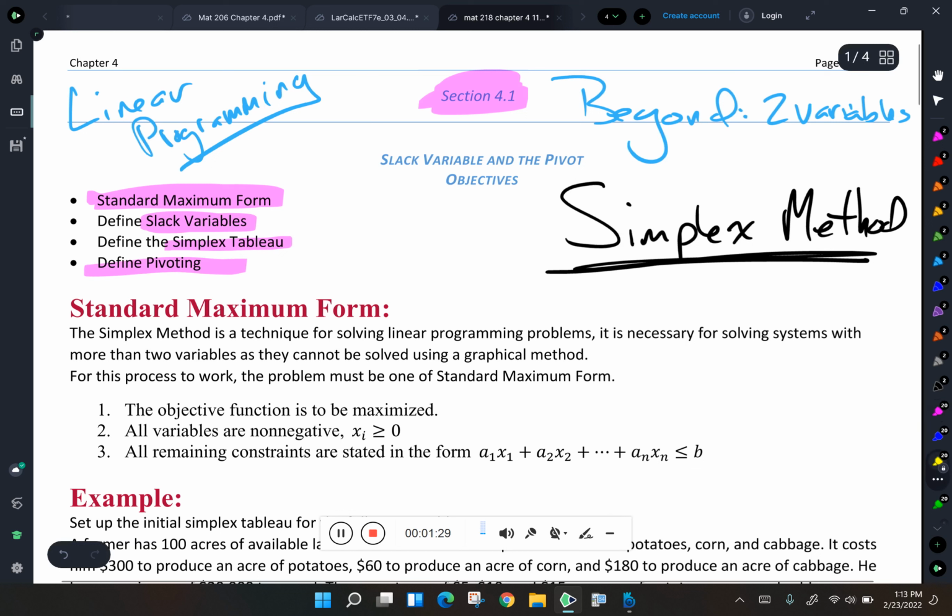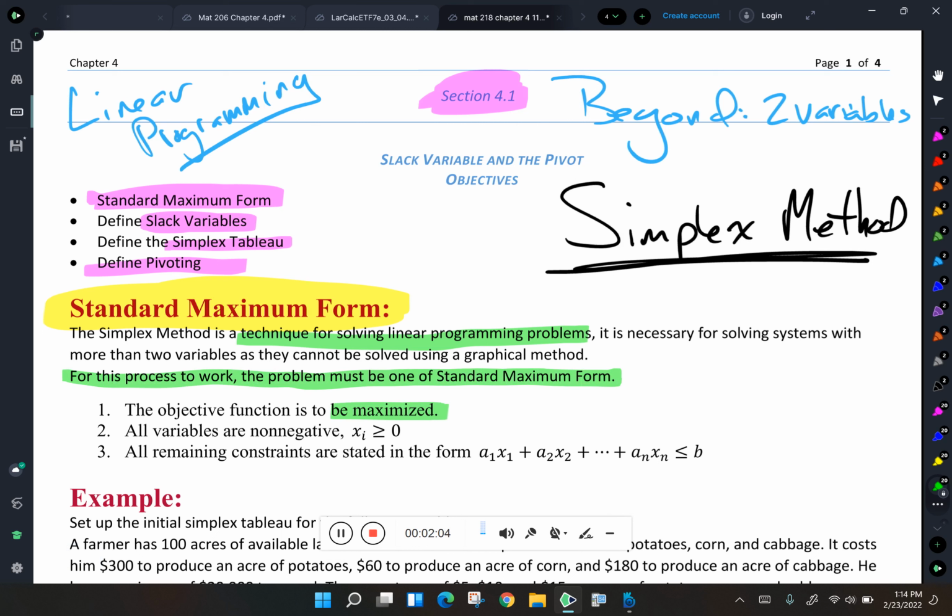All right, so first off, in this section, we are going to start out by solving linear programming problems of standard maximum form. The simplex method, by definition, is a technique for solving linear programming problems, but it is necessary that those problems be in what's referred to as standard maximum form. So for this process to work, we have to be working with a standard maximum form problem. That is, the objective function needs to be maximized, so we'll only be doing maximization problems.